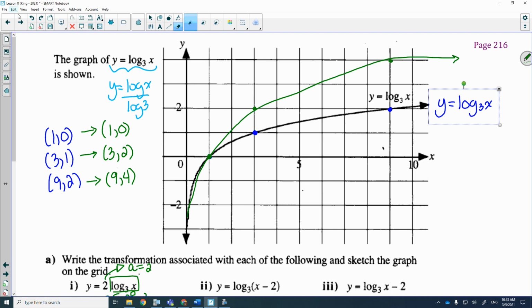Okay, maybe a little nicer than that. And then I'm going to write off to the side the equation of that transformed graph, which was 2 times f of x, and f of x, remember, was log base 3 of x.